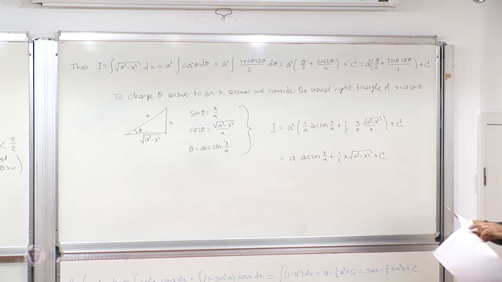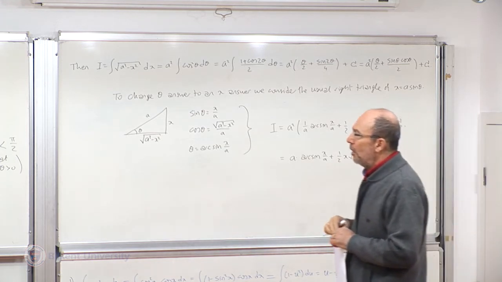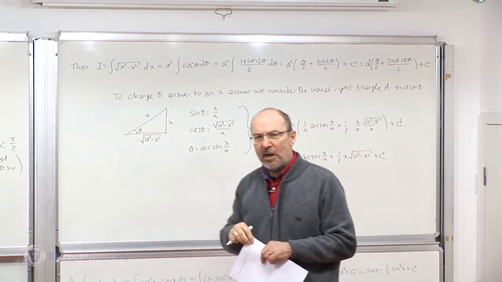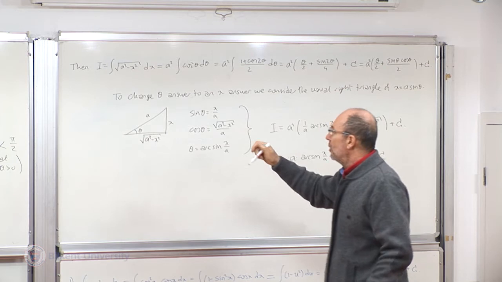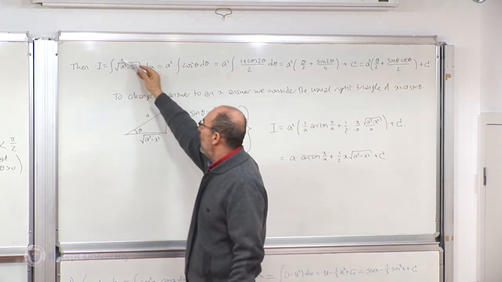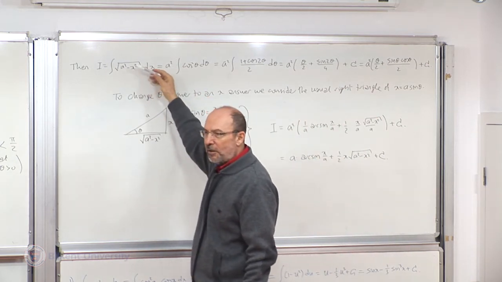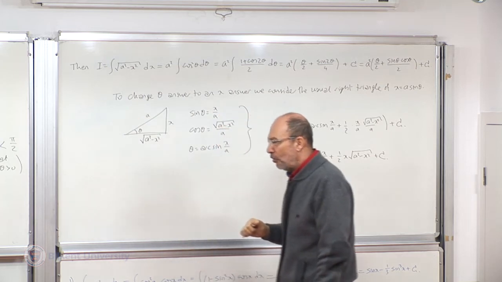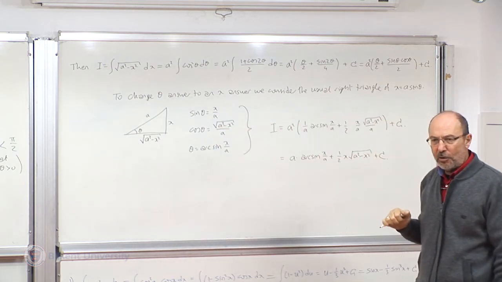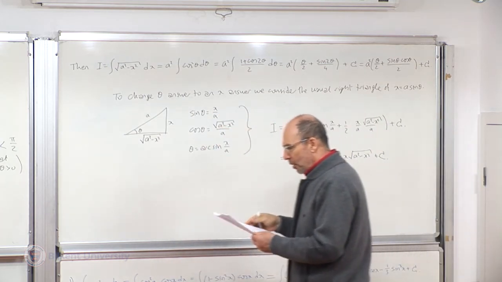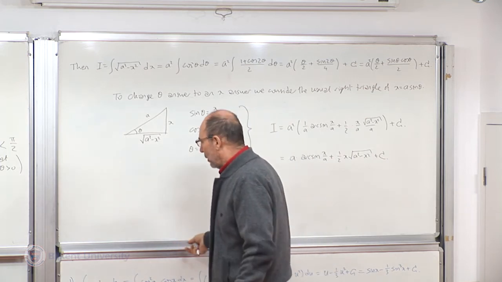So that takes care of the type a square minus x square. In the exercise in the book, you will see that generally you have some x's here and in the denominator, etc. You use the same substitution and check if it works or not. Now let us look at the second type.